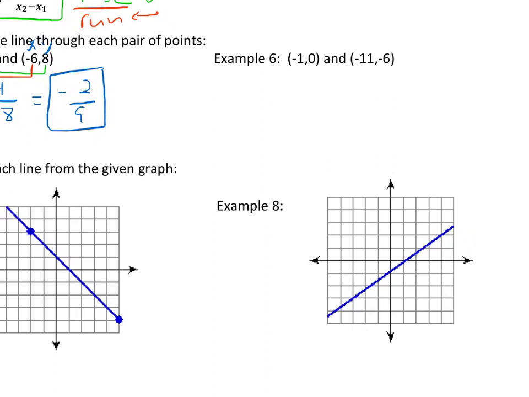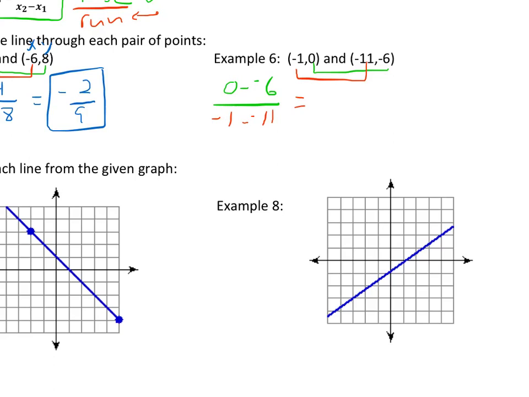Next two pair, again, I'm going to go the other direction this time and show you that it does not matter. So again, difference in y's, I'm going to say 0 minus a negative 6, and the run, which is the difference in x's, again I'm going to do the same order, left to right in this case, negative 1 minus a negative 11.